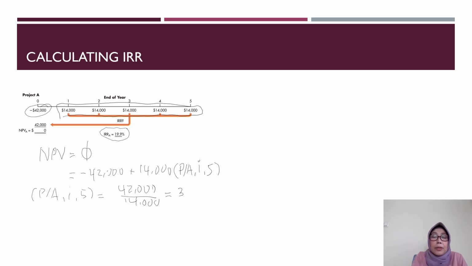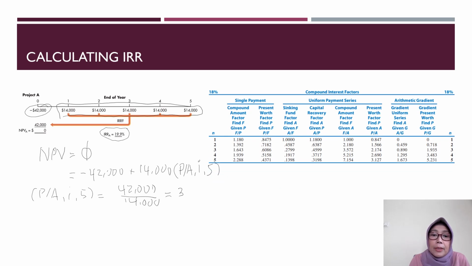By using the discounted table, we can just find out here in the table that relates to this notation, and the amount is 3.